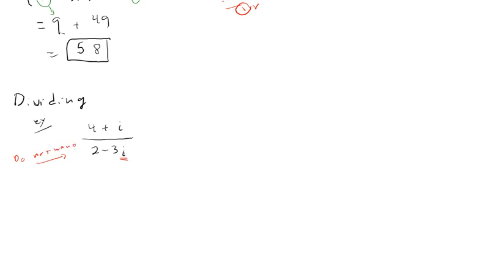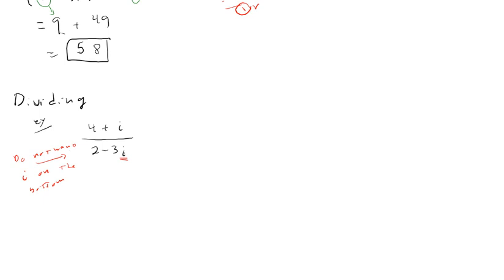No i's on the bottom. i's up here, everybody. Only on the top. So we have to fix this. We have to get rid of this i on the denominator.